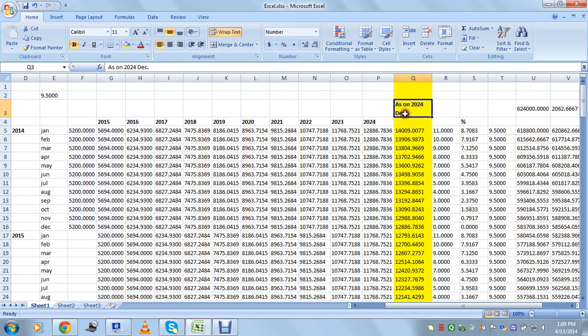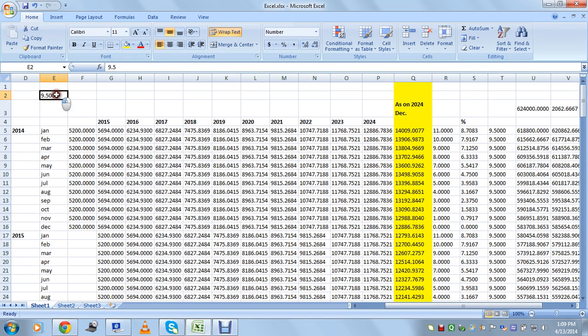So we have to calculate how much your amount will be as on December, for each monthly investment. To calculate this, you have to understand one more thing: the 9.5% is per annum, that is for 12 months. As on January 2024, this amount of 5,200 became 12,886. But in the same year, as on December, it has 11 more months to go.